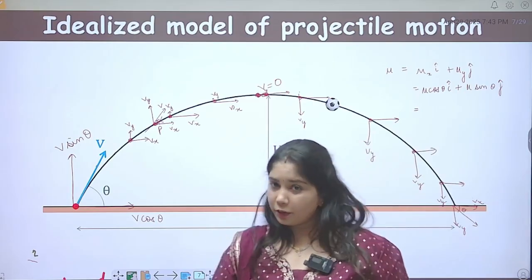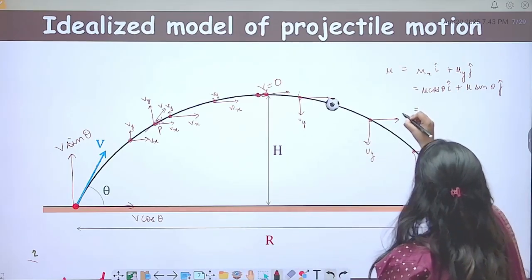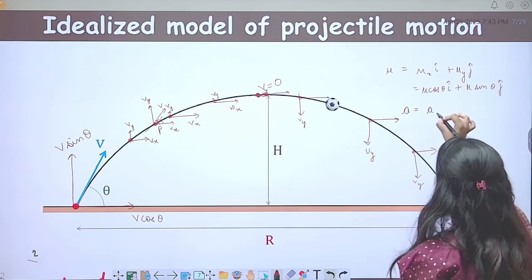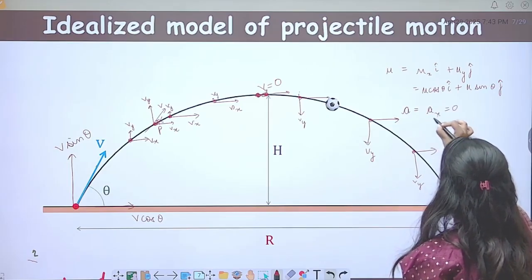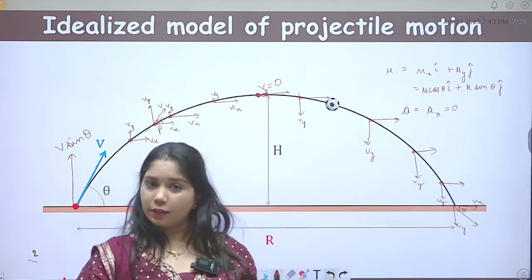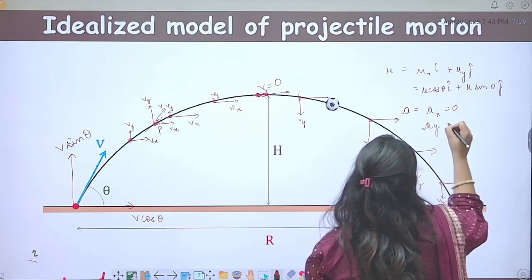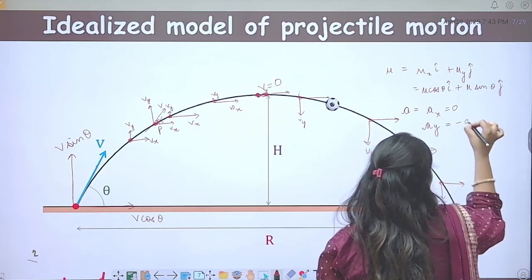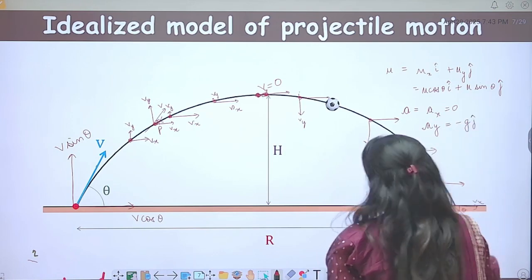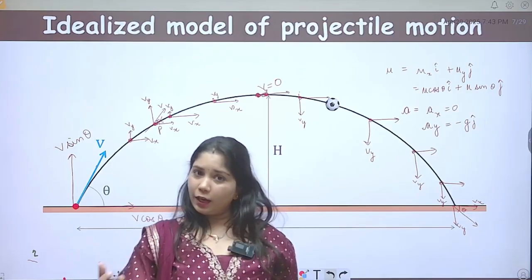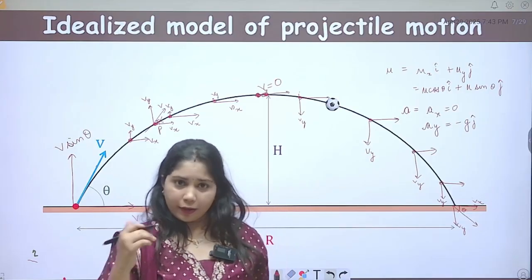Net acceleration along the x component is 0, and I told you acceleration along the y component is minus g j cap. So the net acceleration is minus g j cap, along the y direction.